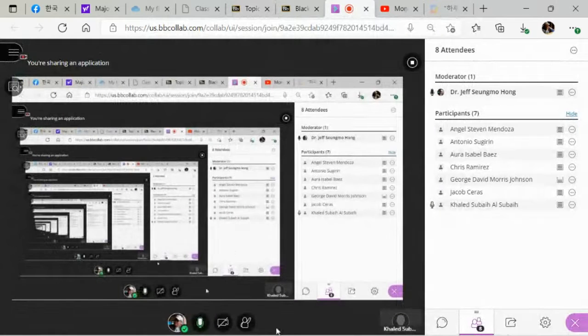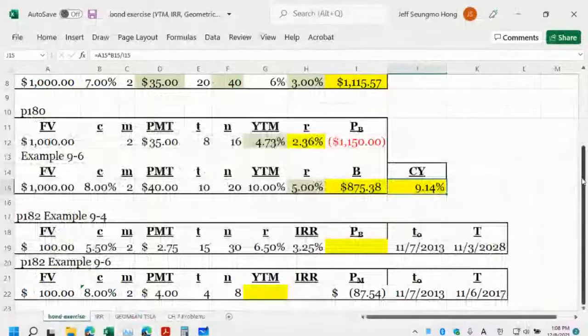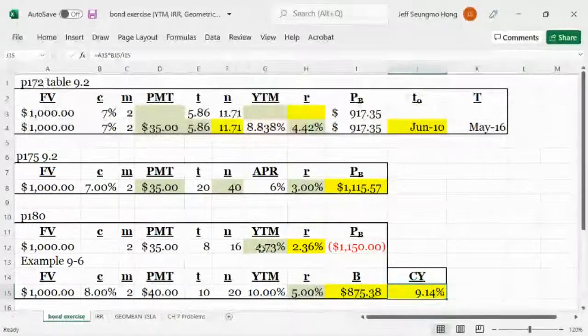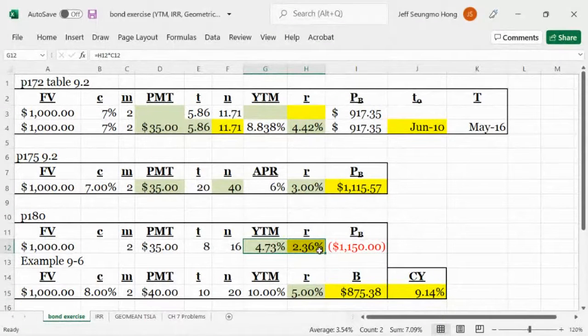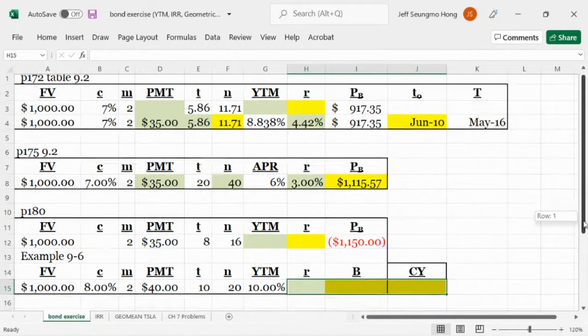what we're going to do today is, we finished, I believe we did these two examples last time. So please open this file again.